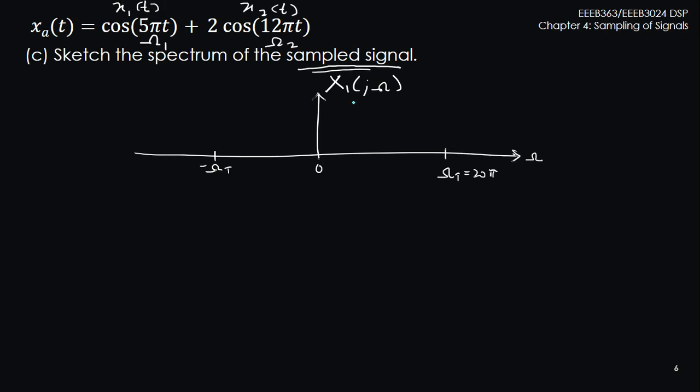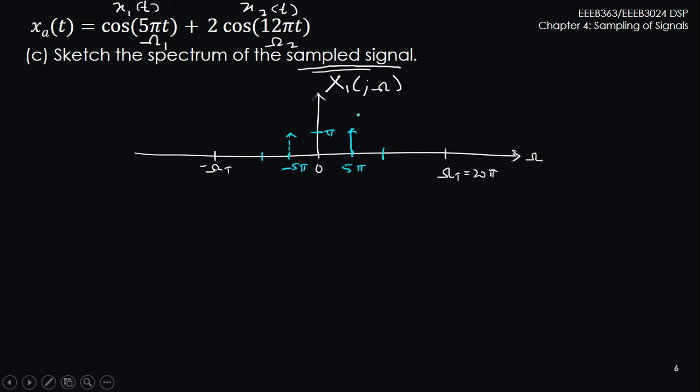Let's start by drawing the spectrum of the first component. Its spectrum, as we drew out previously, is simply two pulses located at 5 pi and negative 5 pi.